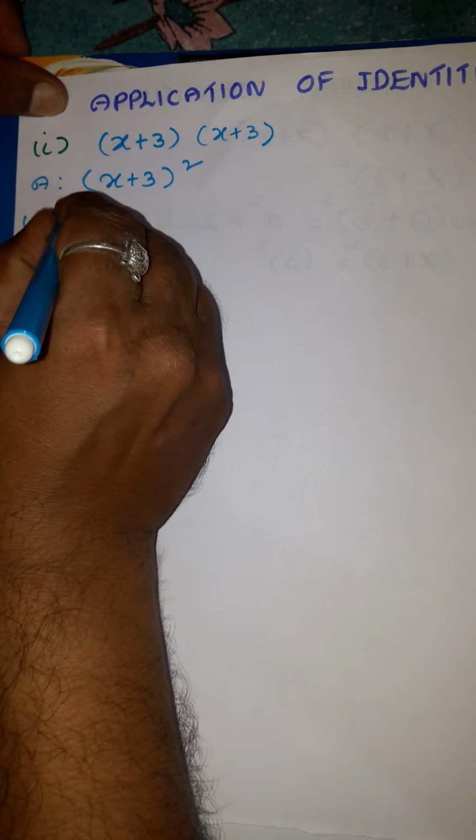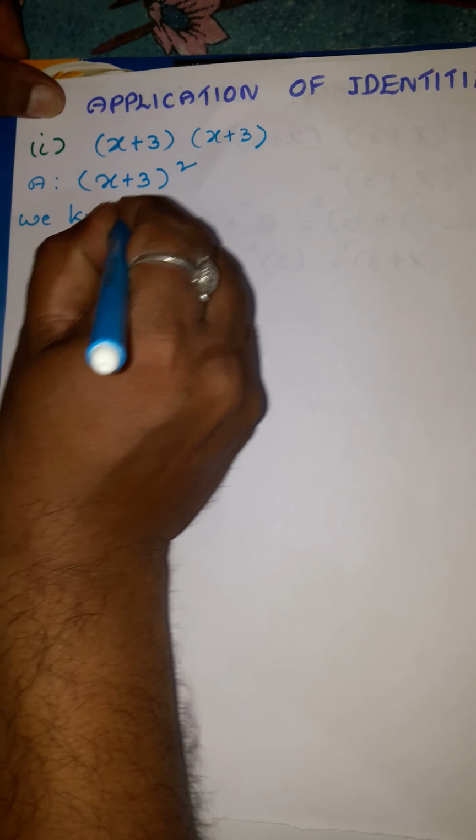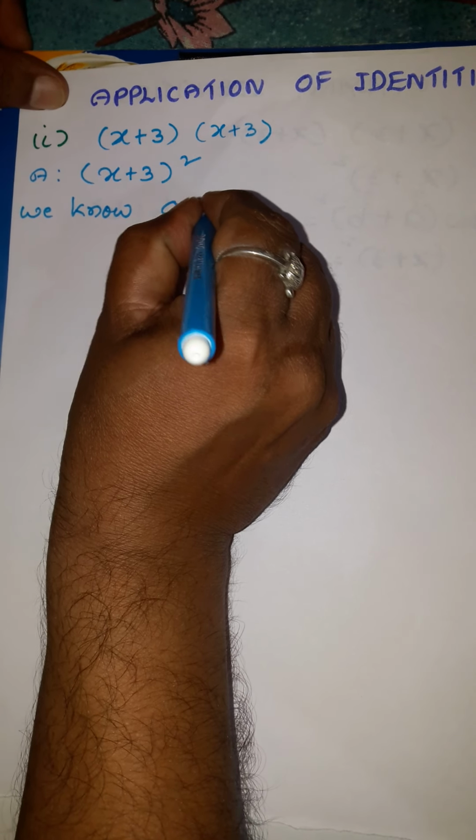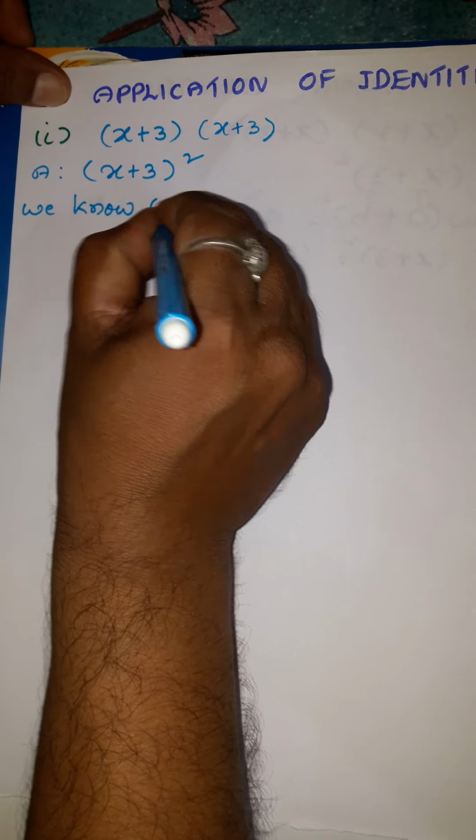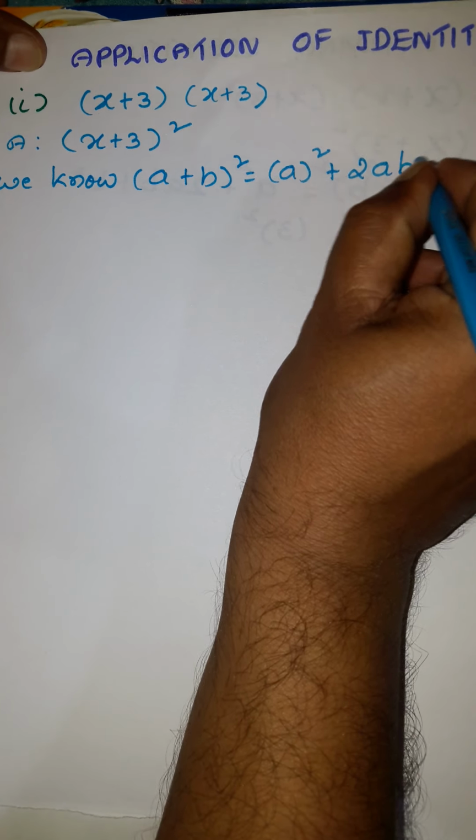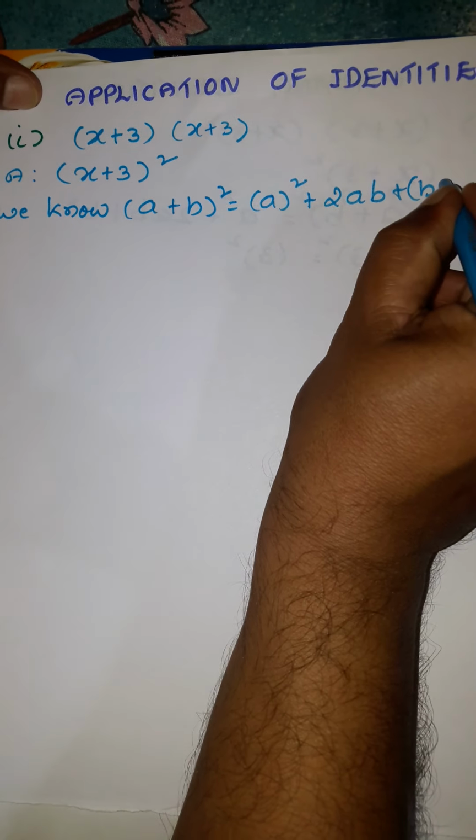So we know the identity (a plus b) whole square is equal to a square plus 2ab plus b square.